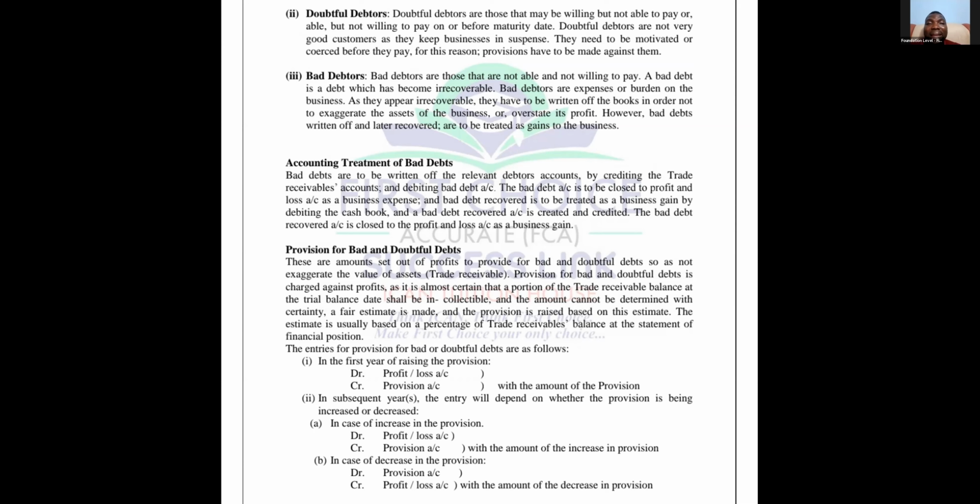That's bad debt, a permanent debt that you're not expecting to recover. So you need to take it away from where you are keeping it, which is under trade receivables by debiting trade receivables. But now we need to take it away because that money we are not going to get, and put it under the bad debt. So what we do is we credit the trade receivables account with the bad debt.